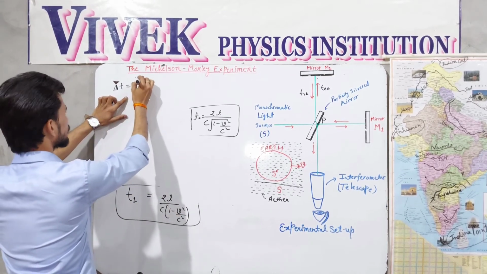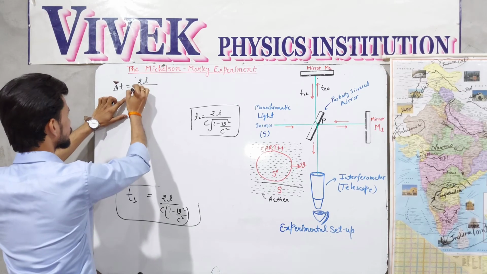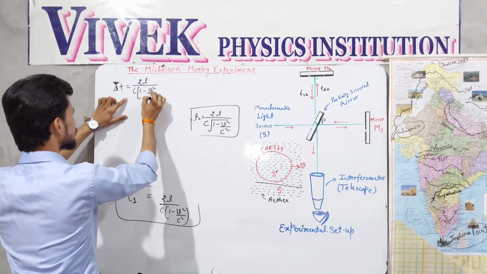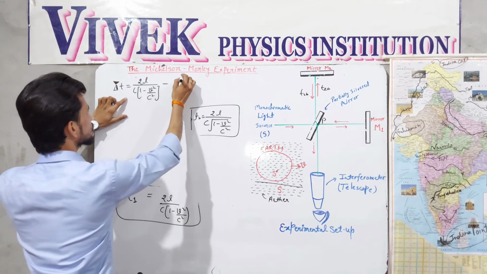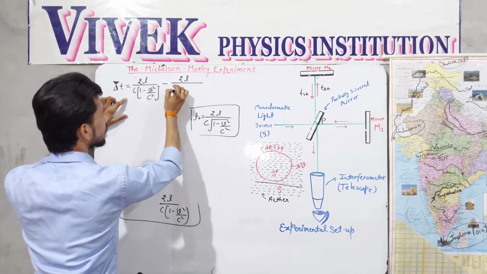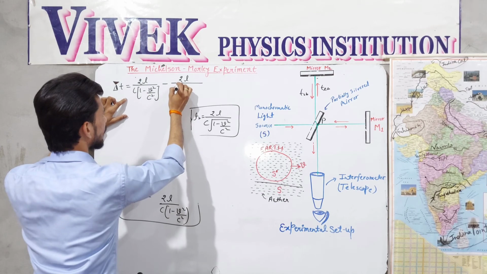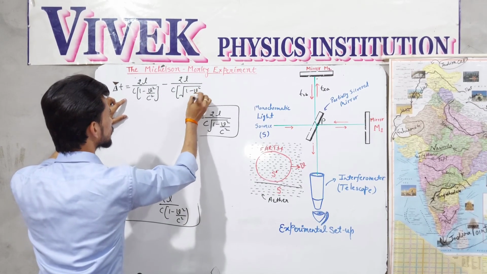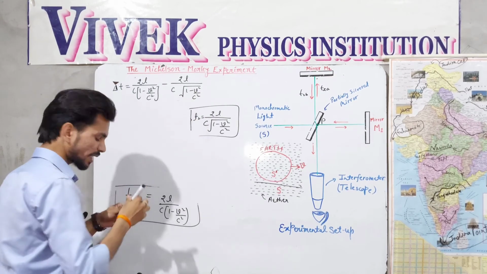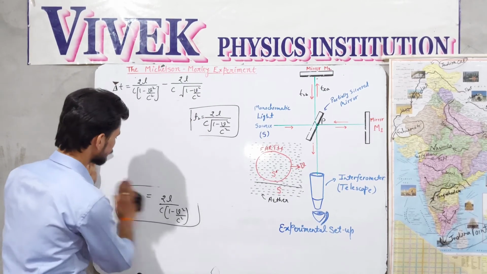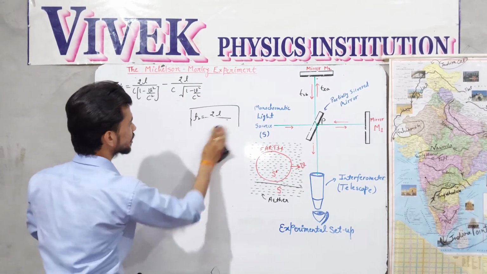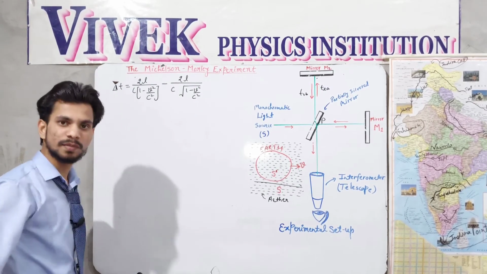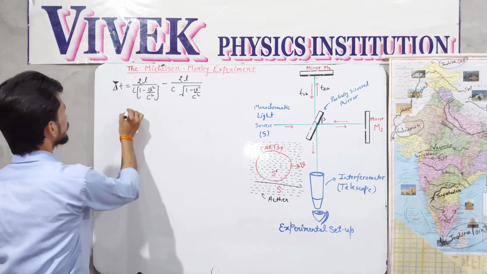So this one will be 2L over c times 1 over 1 minus v square over c square, minus 2L over c times 1 over under root 1 minus v square over c square. This is the time difference between these two rays, one taken on the x-axis and another on the y-axis. Let me solve these two expressions.